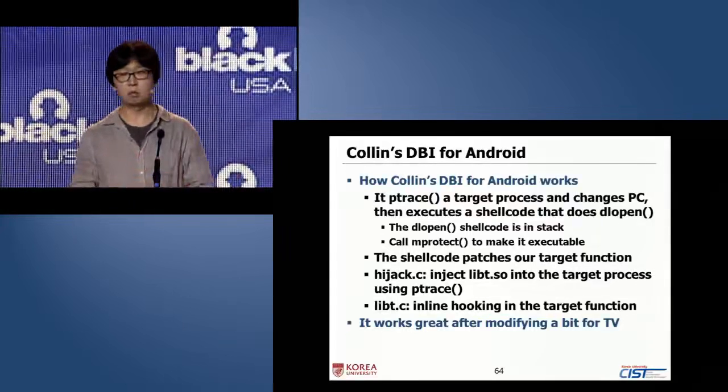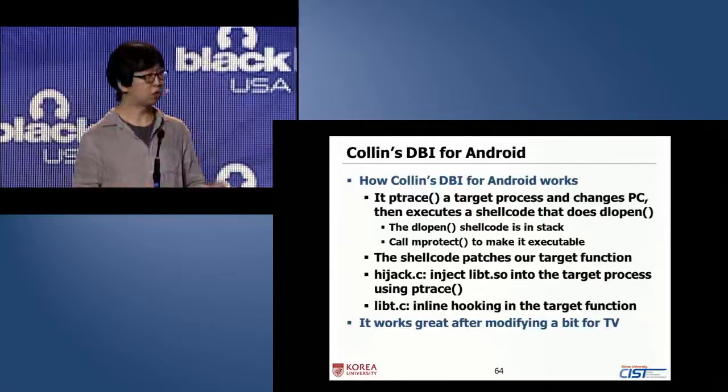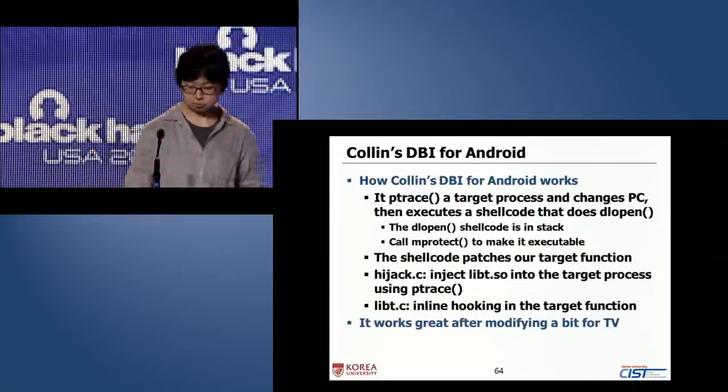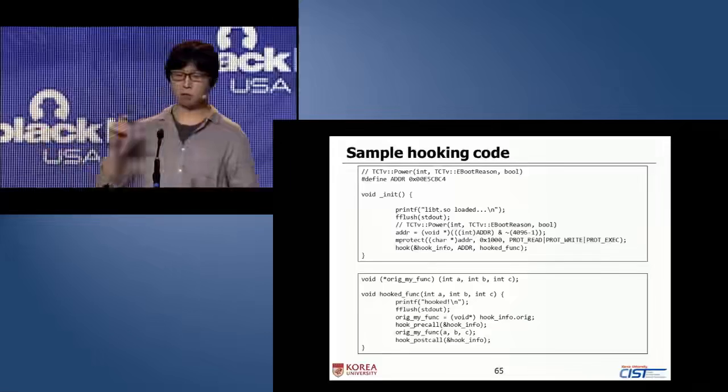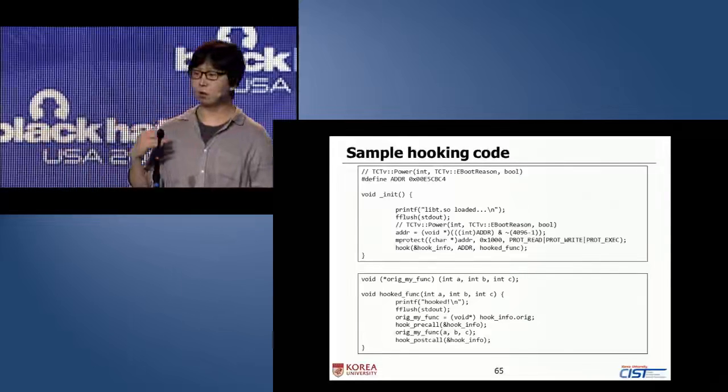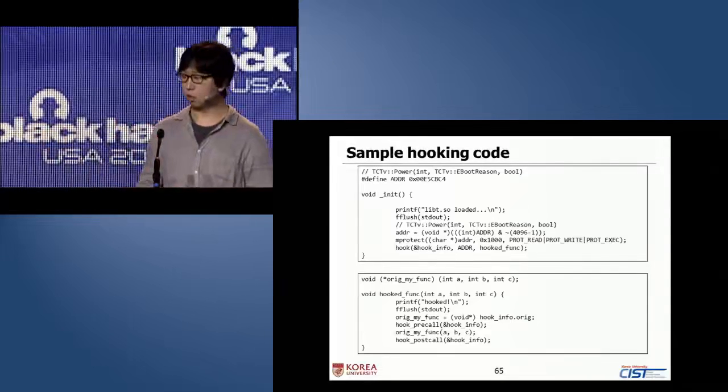It is pretty much the same as when you do hooking. Pretty easy, but it works really great. Like this, you can put in some hooking code and do hooking at runtime.